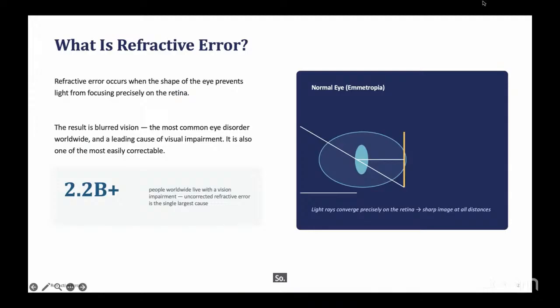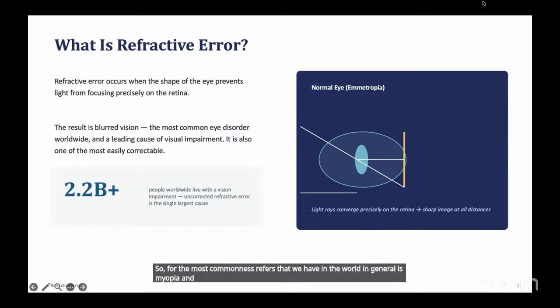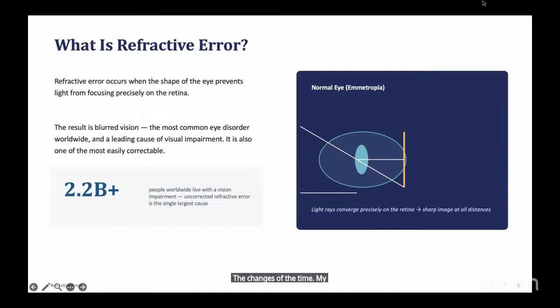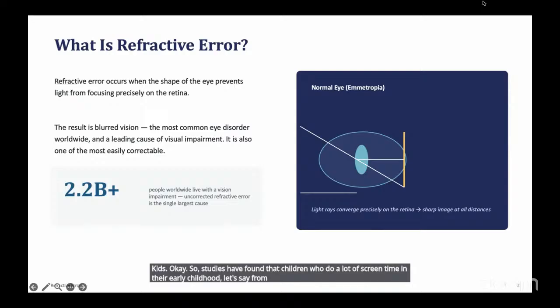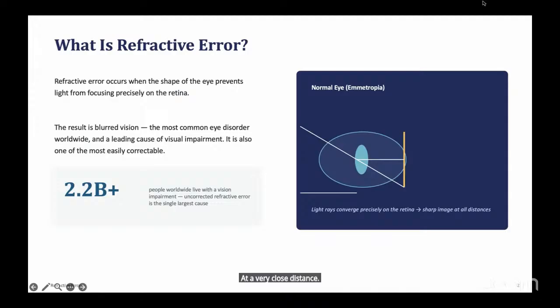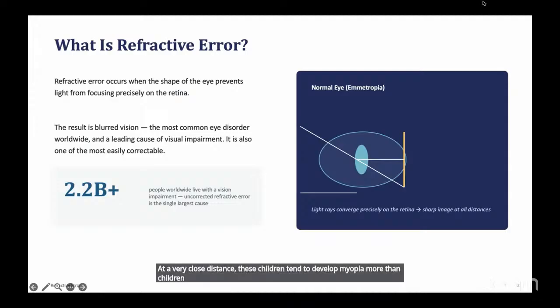So the most common refractive error in the world in general is myopia. With the changes of the times, myopia has become more prevalent, especially in kids. Studies have found that children who do a lot of screen time in their early childhood, let's say from birth to about 12 years, always focusing on books, using their phones, tablets, watching TV at a very close distance, tend to develop myopia more than children who go outside to play.